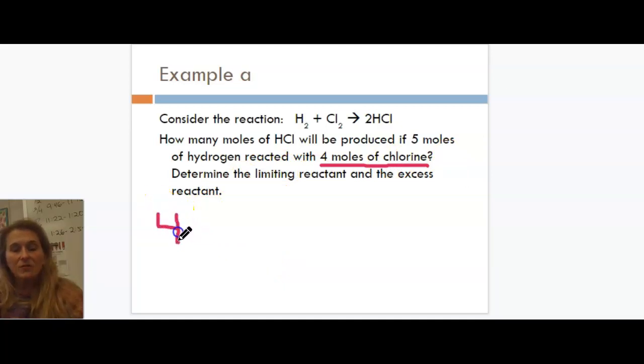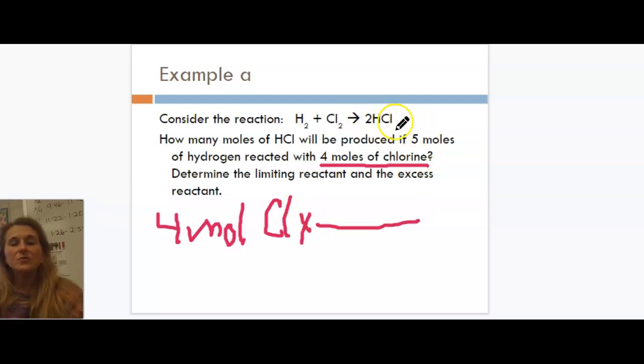So we would start with 4 moles, sorry about how messy that is, of chlorine. And we would do our conversion from moles of chlorine to moles of hydrochloric acid. And we would pull that from our balanced chemical equation.